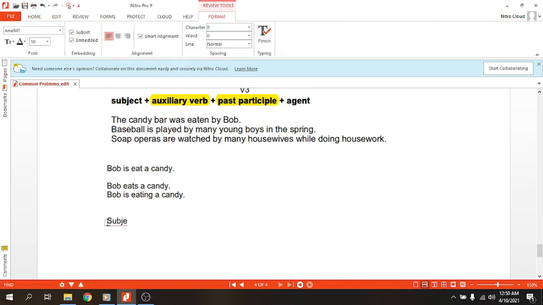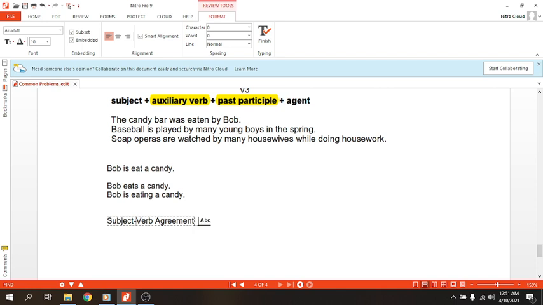Subject-verb, some use hyphen here, some not. Saya sih lebih cenderung pakai, karena ini masalah subject-verb agreement.